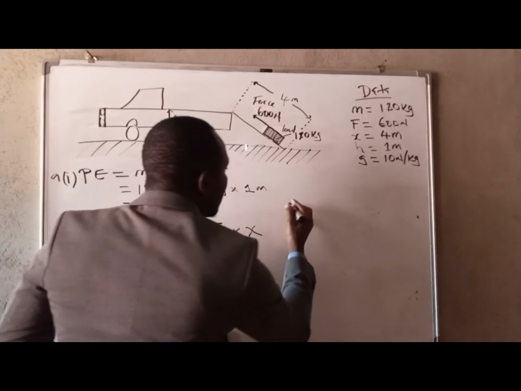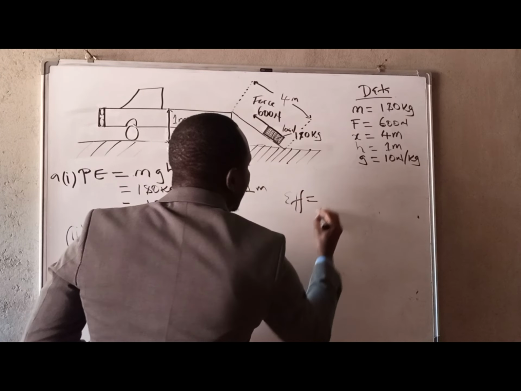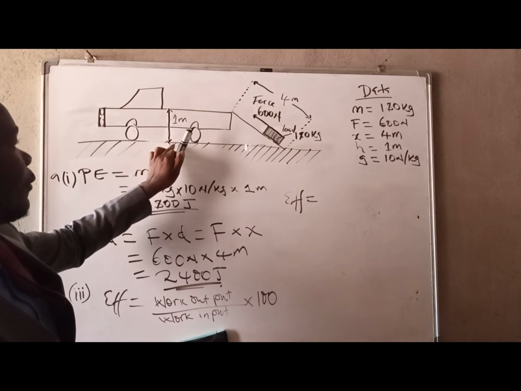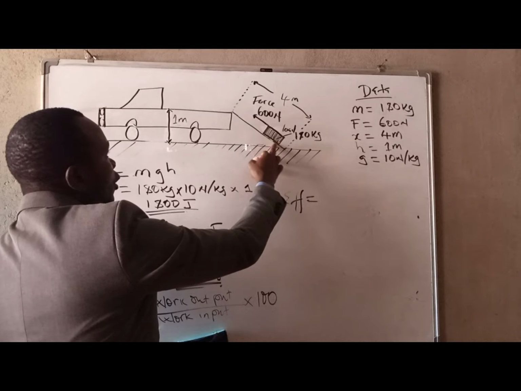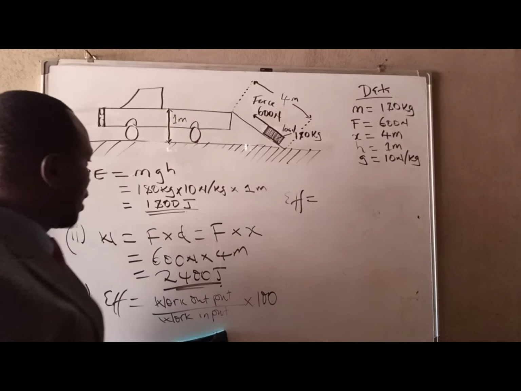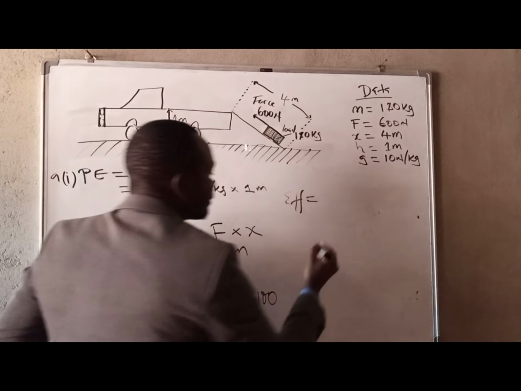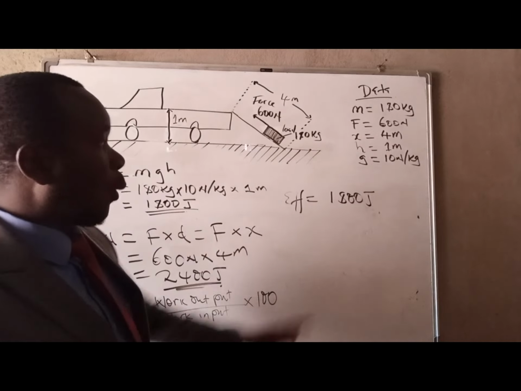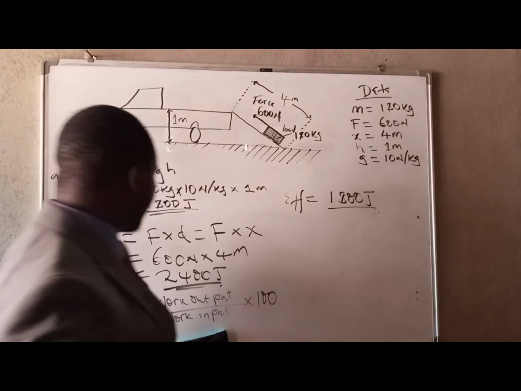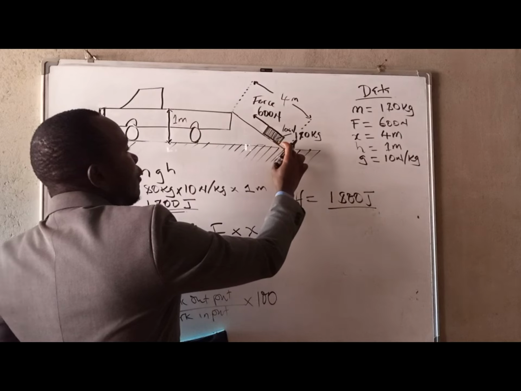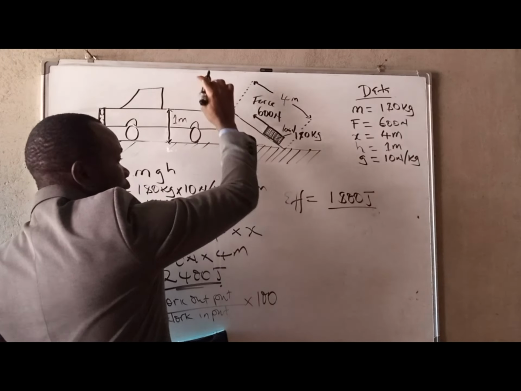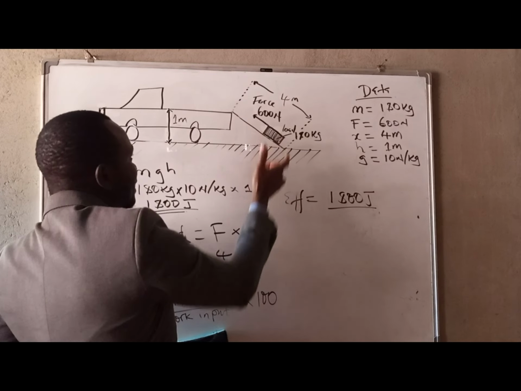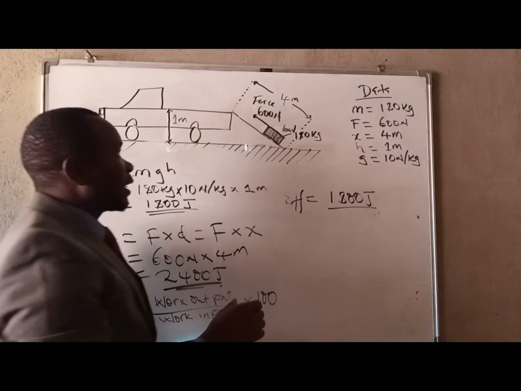Work output is the work that is done in moving this load from this point to this point, which is this one, 1,800 joules, over the work input, which is what was used to move this one, raising it a distance of 1 meter.